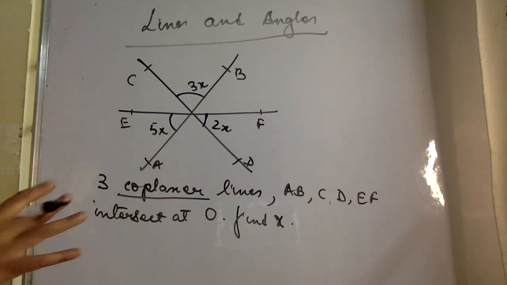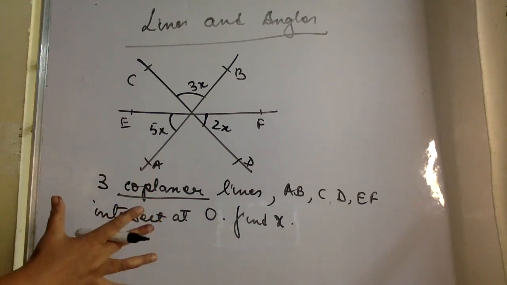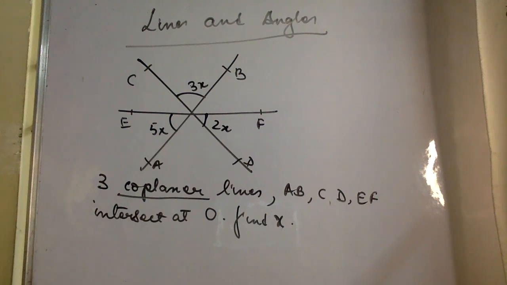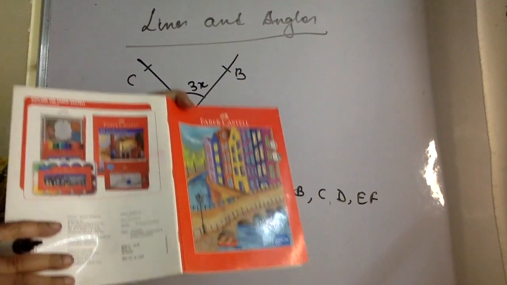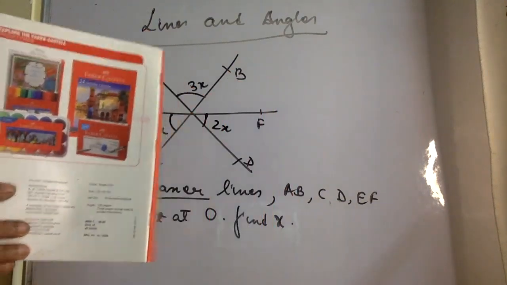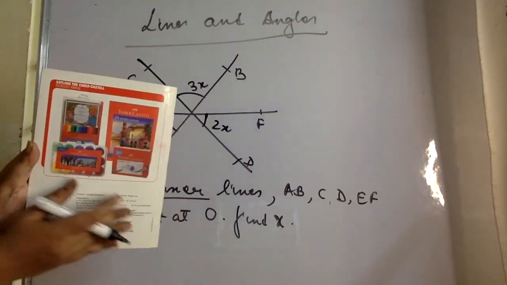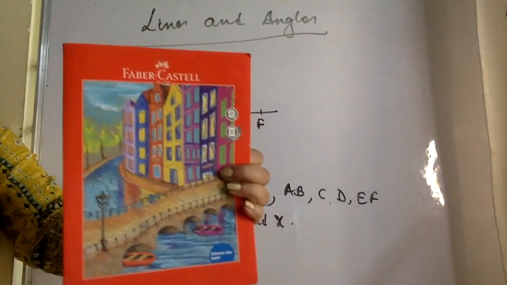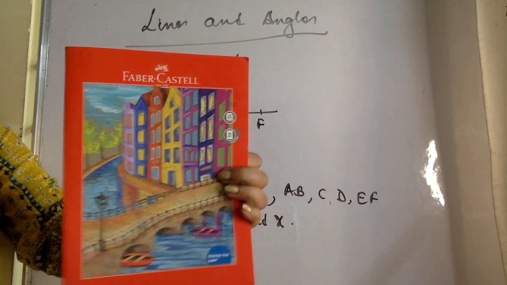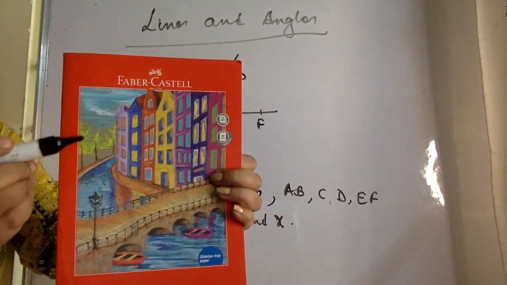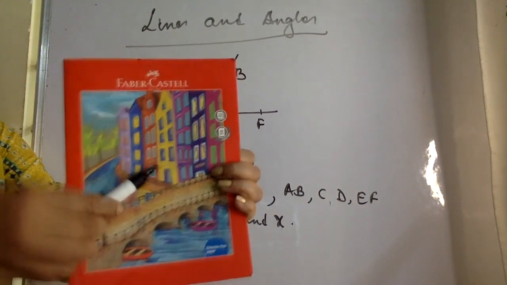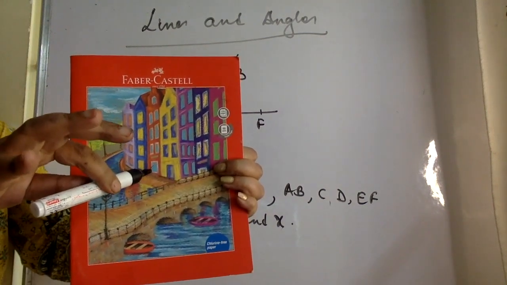Now, my board is one plane. And if I have a notebook here, this is again one plane. Supposing I am drawing these lines on this plane, remember all the lines should be lying on the plane, they should not be sticking out like this.